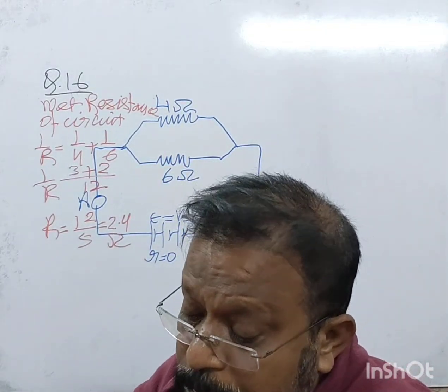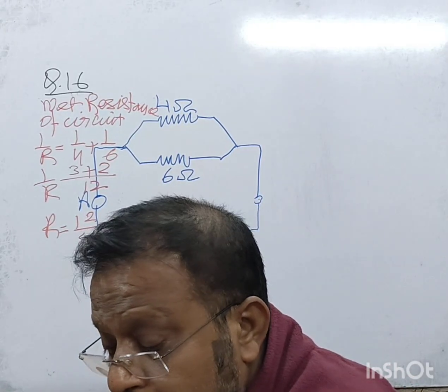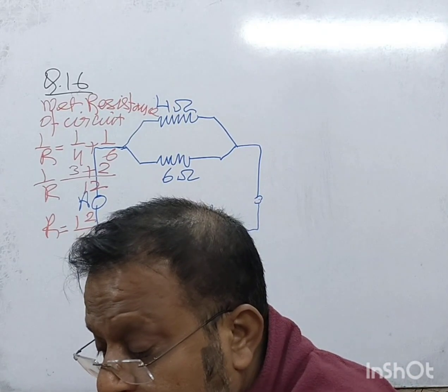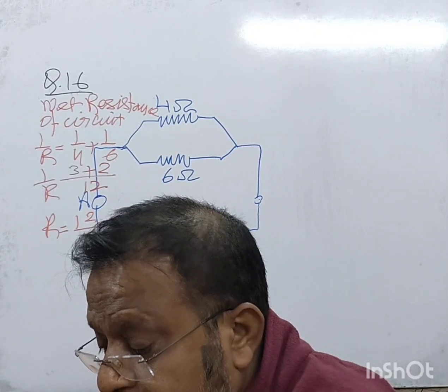What it is asking for, right? The power supplied by battery and power dissipated in each resistor.